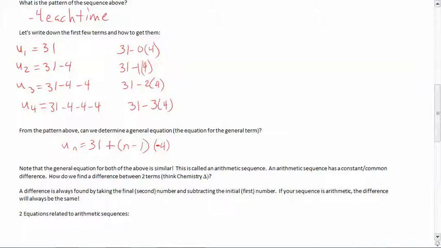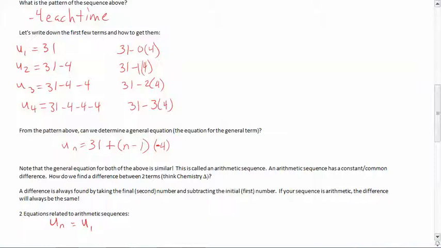Now, if we get the same difference, then it is what we call an arithmetic sequence, and it will follow this pattern. One of the patterns that we noticed is that the nth term is going to be equal to, and in both of our equations, this first number was your first term, u1.